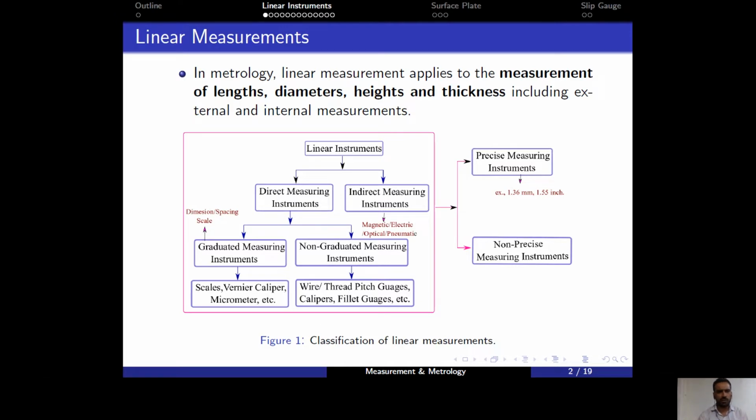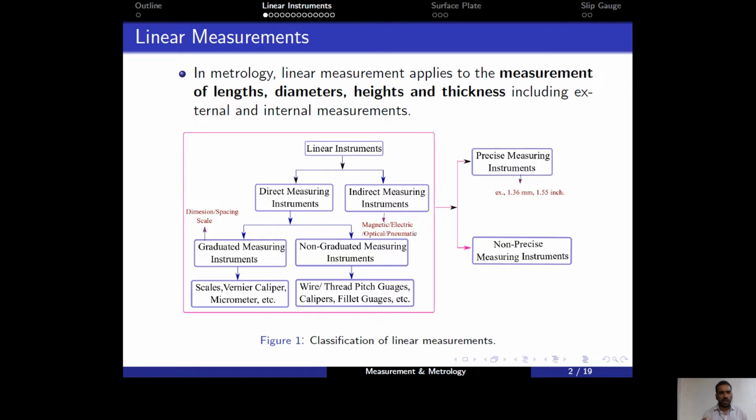You must have seen the scale. A scale has some divisions, which I'll show you in further slides also, but for the sake of learning here, a scale has divisions. A scale has 0 to 15 centimeter, and within 0 to 1 centimeter, it has 10 divisions. So one division is equal to 1 mm.